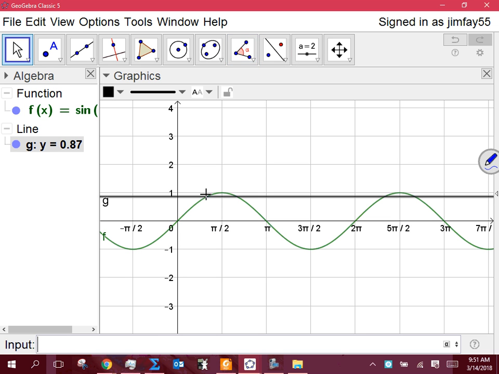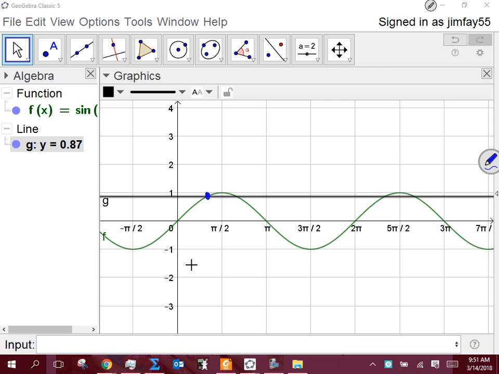My calculator is just going to give me that one right there, because it can only use the sine inverse with that restricted domain. We will have to do a little bit of algebra to find that answer, that answer, that answer, because those are all where the sine curve has a y value of radical 3 over 2.